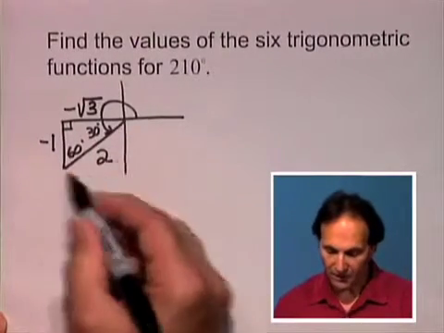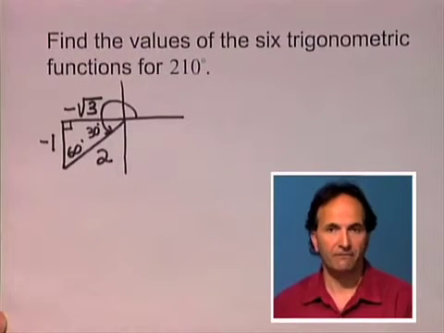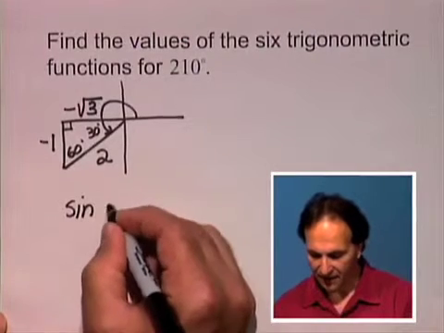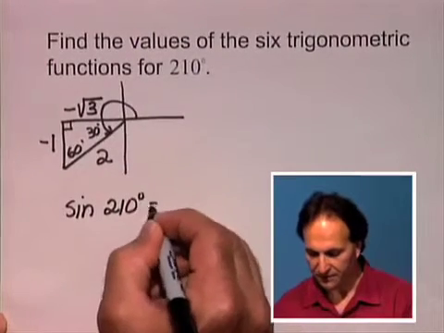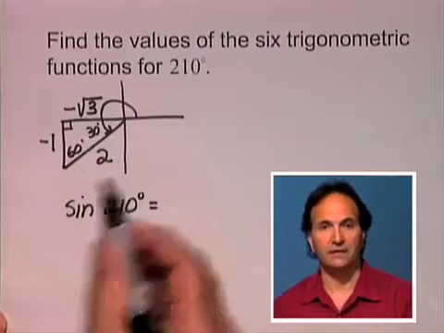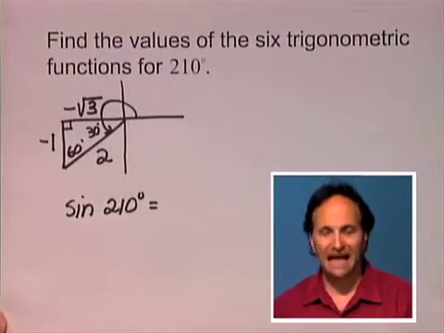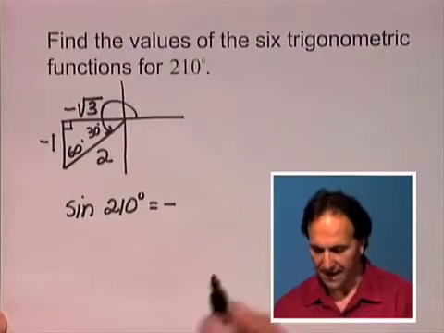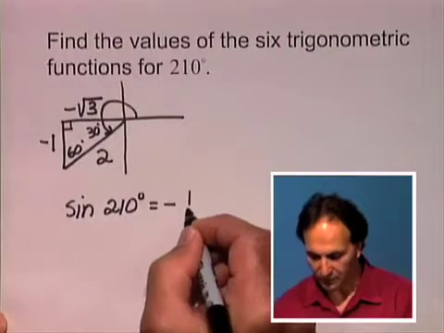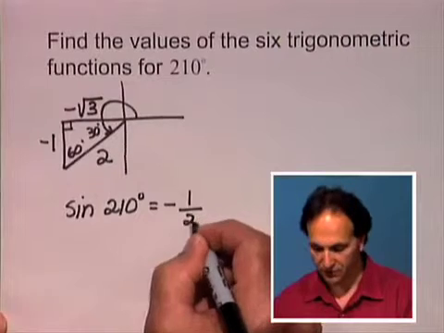Well, now we can use that information to find the trig functions, starting with the sine of 210 degrees. First of all, in the third quadrant, the sine function is negative. So this is going to be negative, and we know that its opposite side, which is the -1, over the hypotenuse 2.